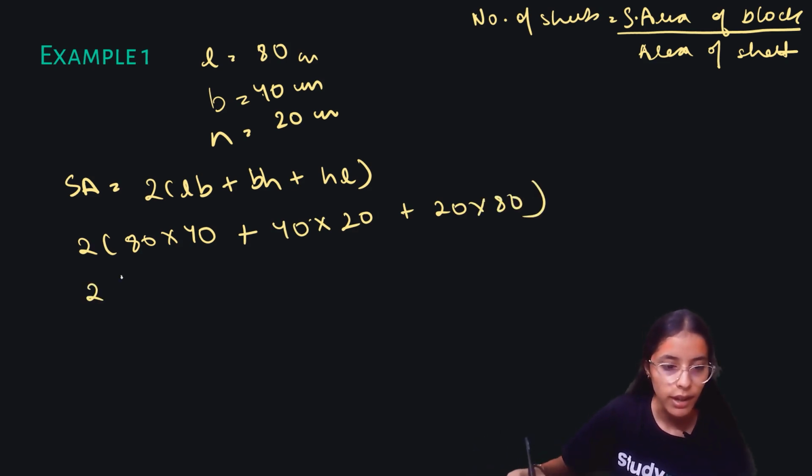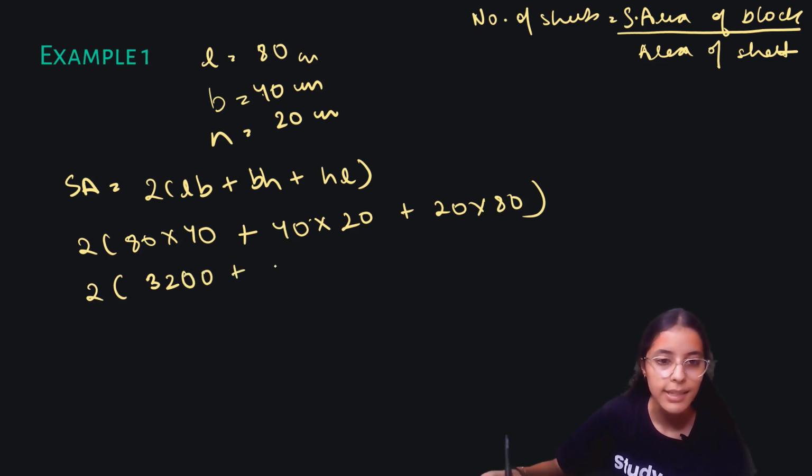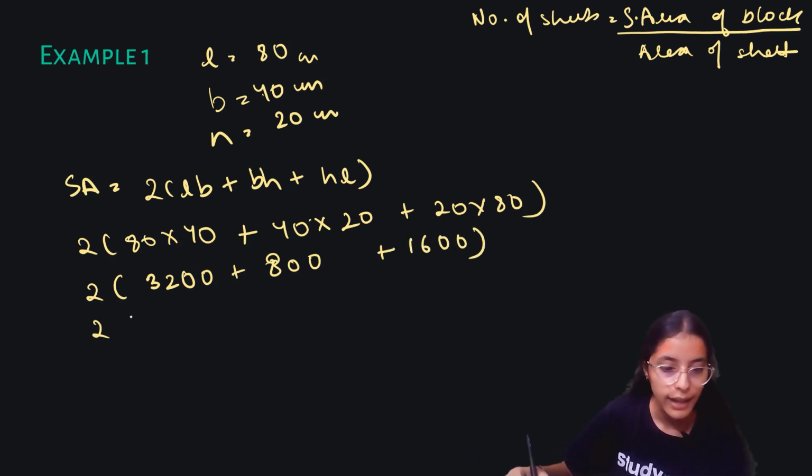This gives 2 into (3200 plus 800 plus 1600).